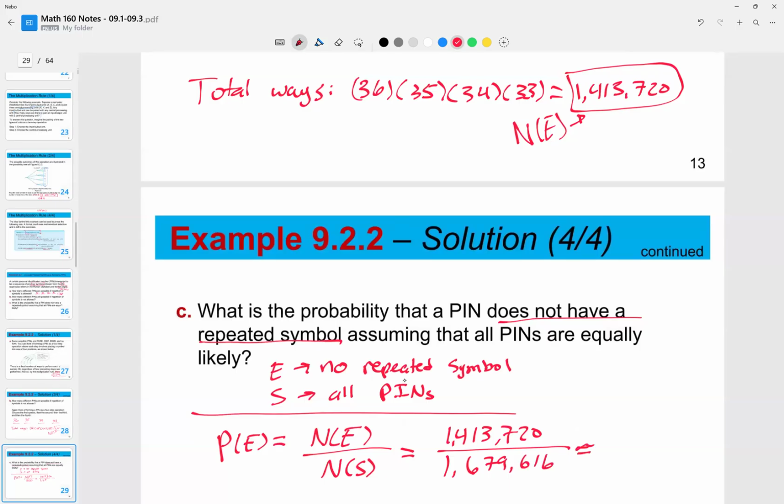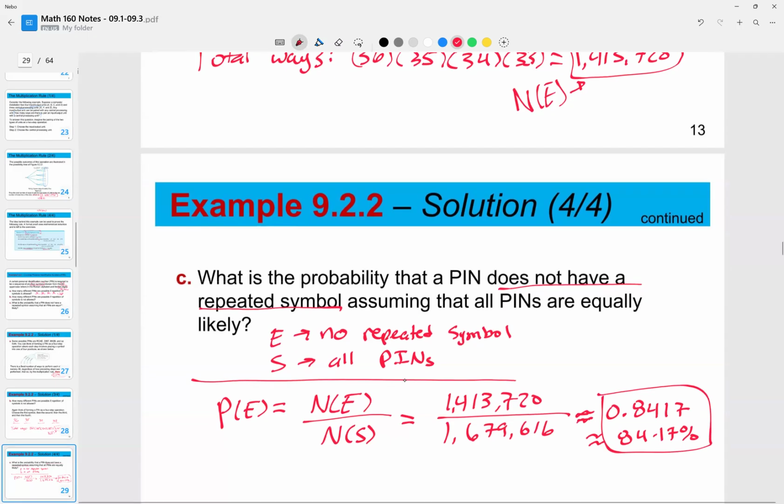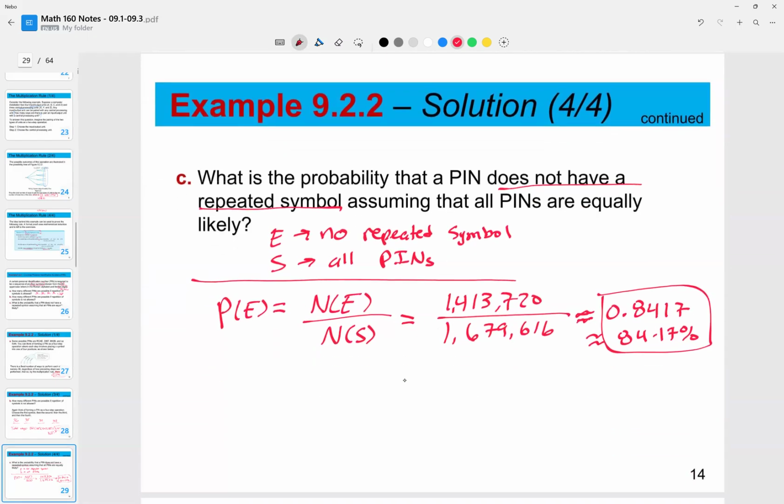I've roughly done this already, so it's 0.8417 or 84.17%. These are estimates; the decimal goes on a long time. So roughly 84% of pins would not have a repeated symbol.